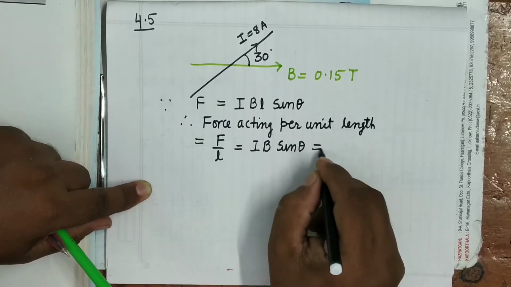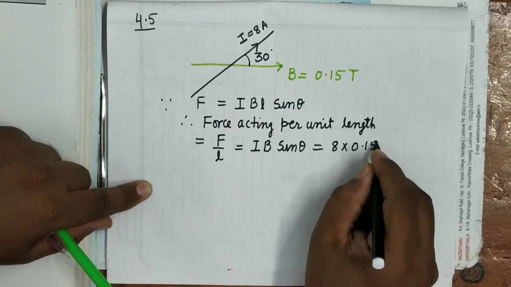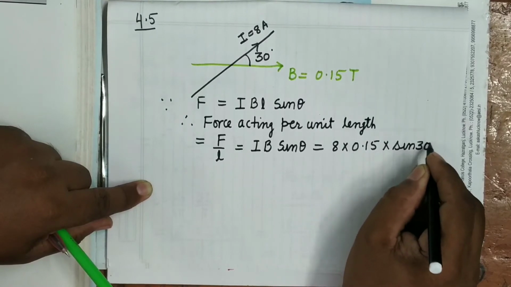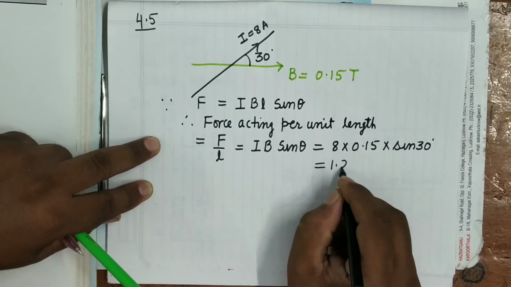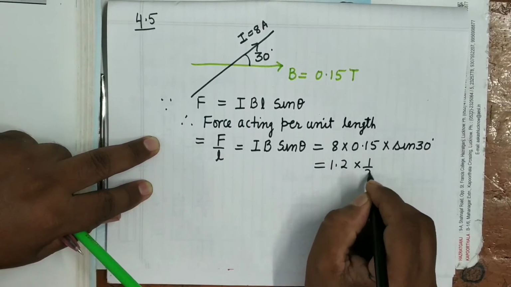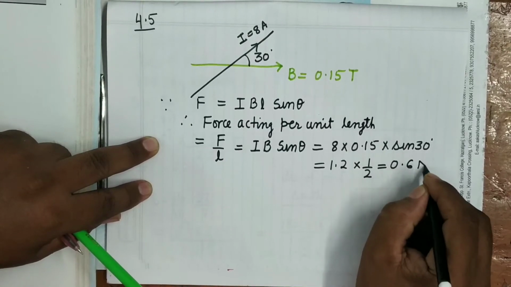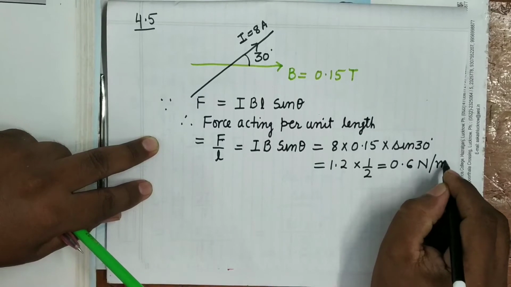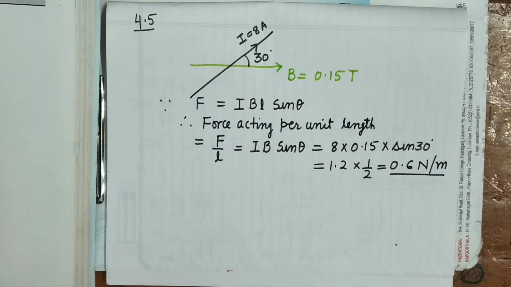Now substitute 8, B is 0.15, sin 30 degree. This equals 1.2 into 1 upon 2, that is 0.6, and the unit is Newton per meter. 0.6 Newton per meter.